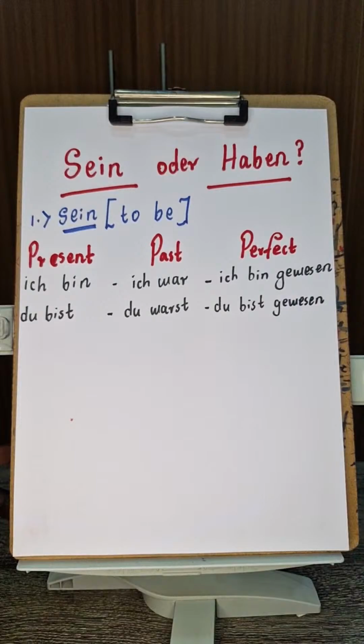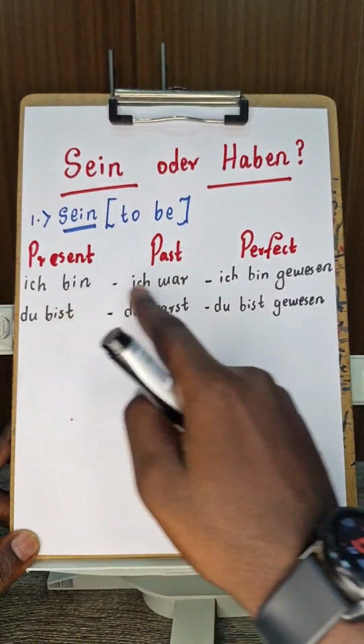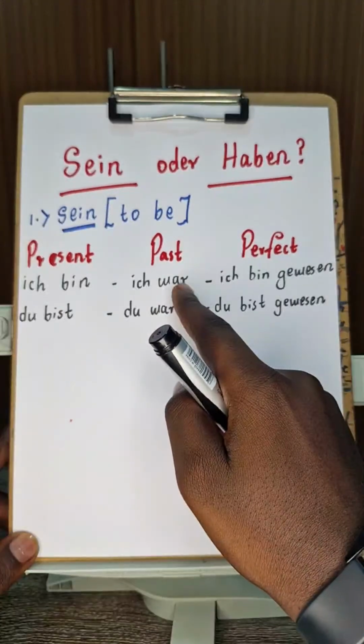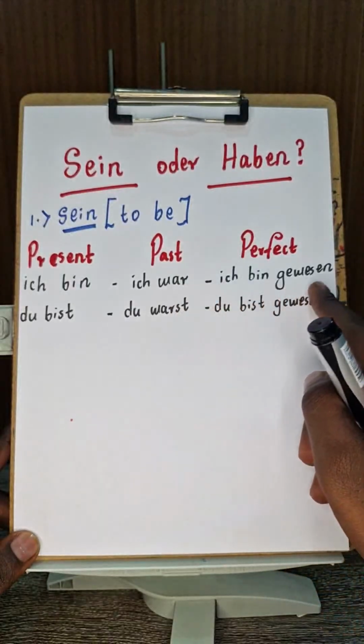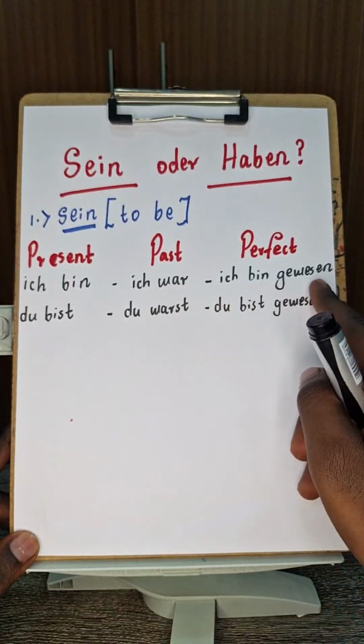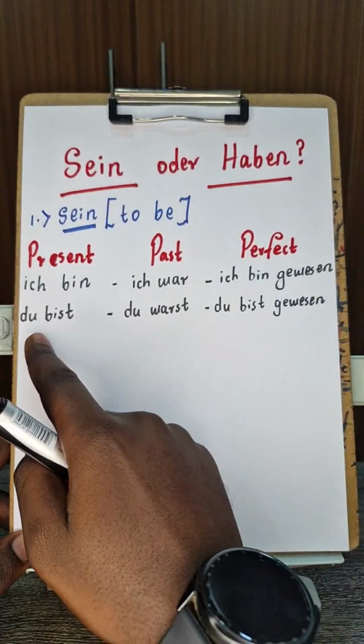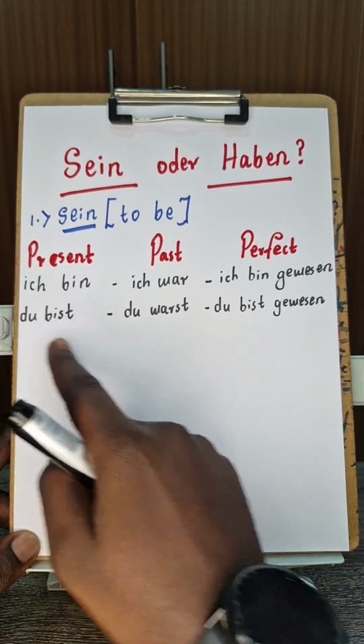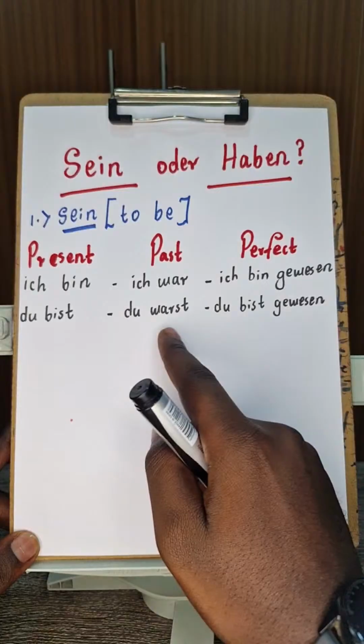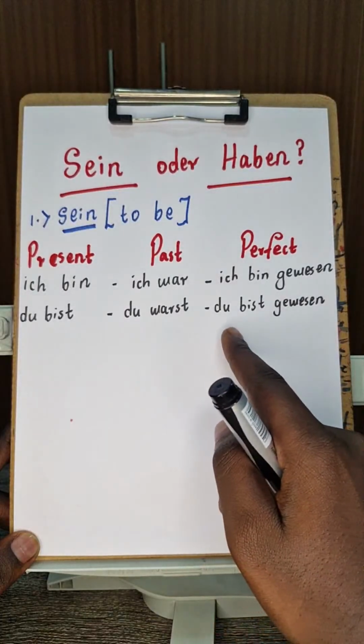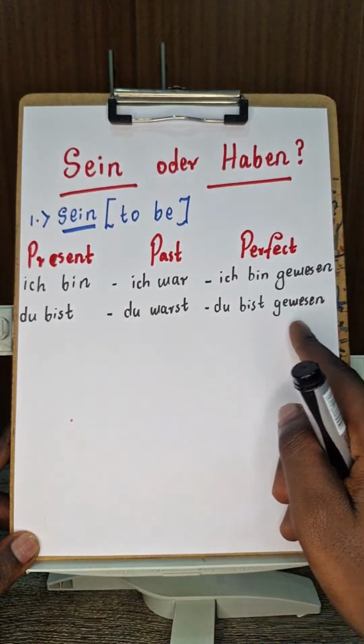Remember, ich bin, I am, ich war, I was, ich bin gewesen, I have been. So in the du form: du bist, you are, du warst, you were, and du bist gewesen, you have been.